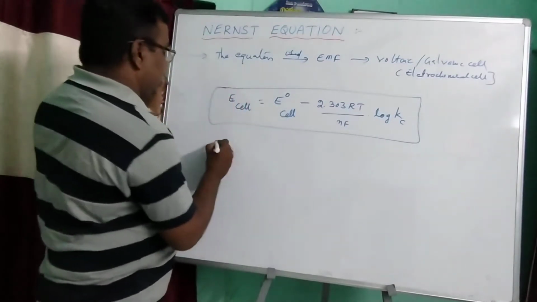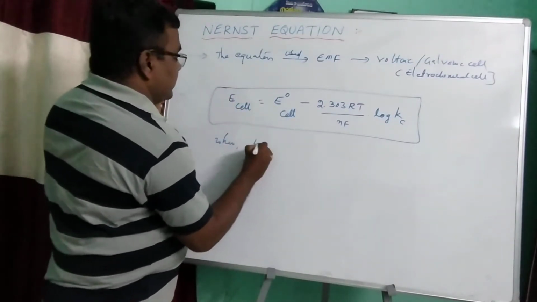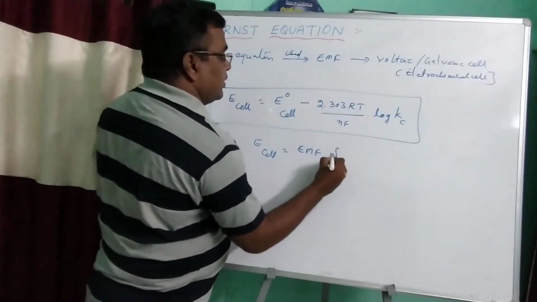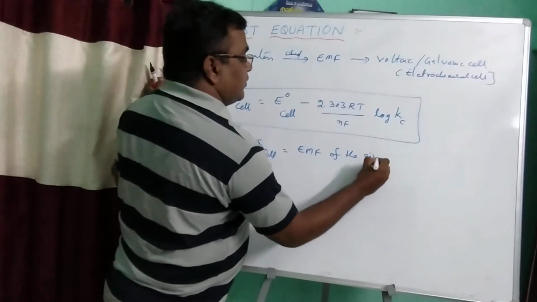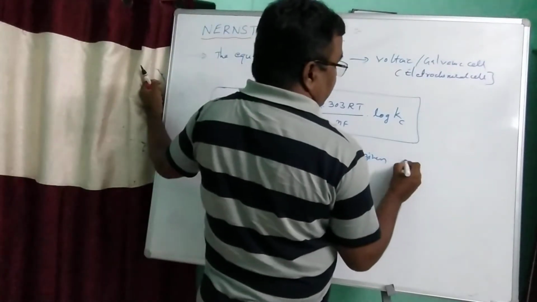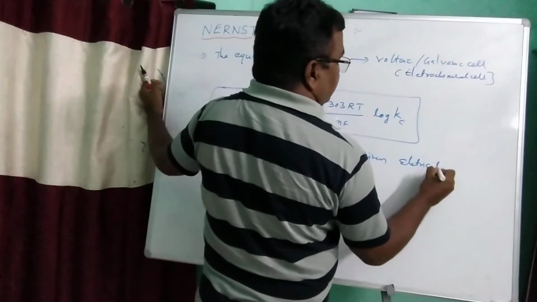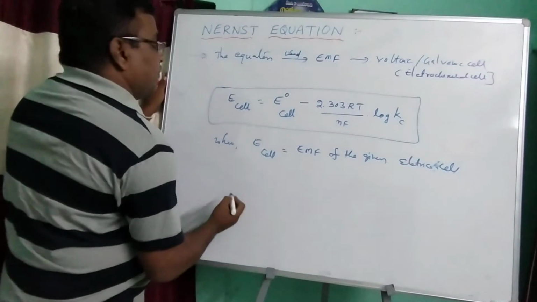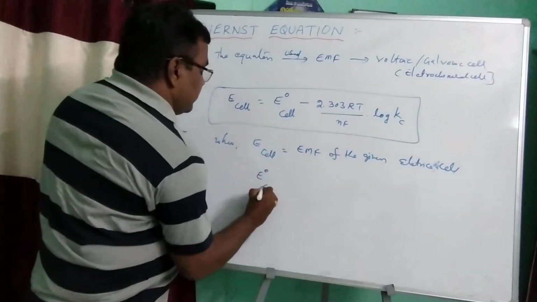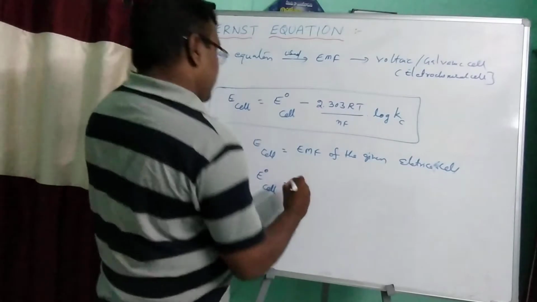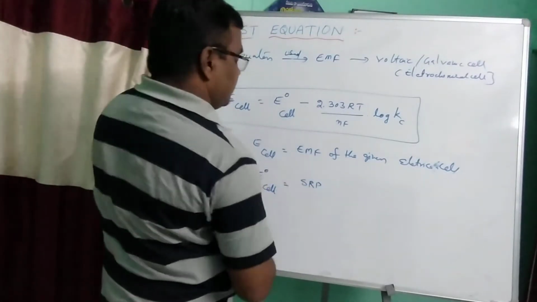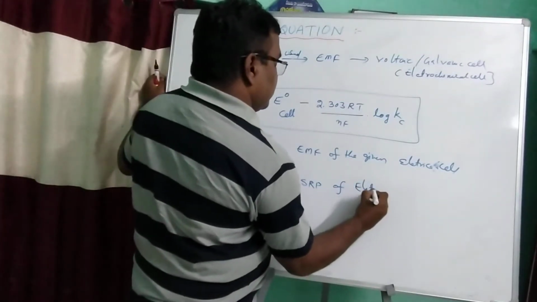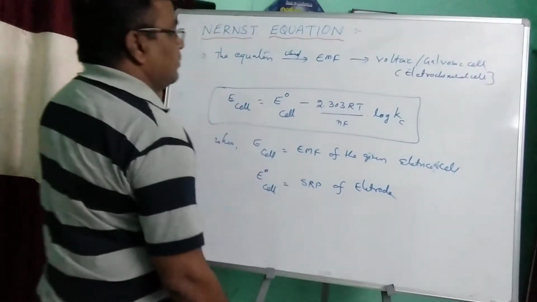Where E cell is equal to the EMF of the given electric cell. E0 cell is equal to the SRP, standard reduction potential of the electrode.